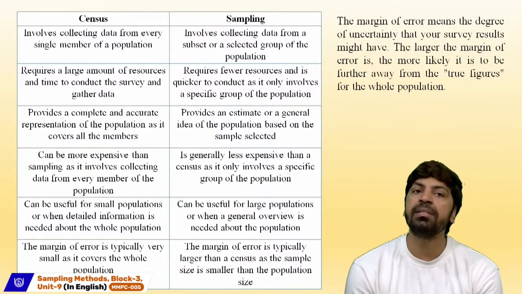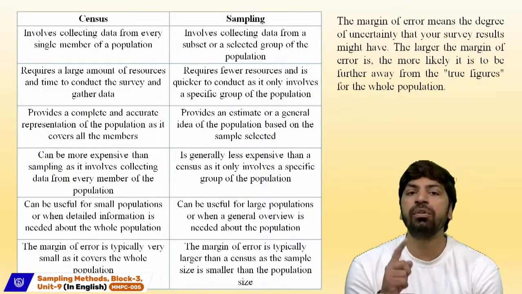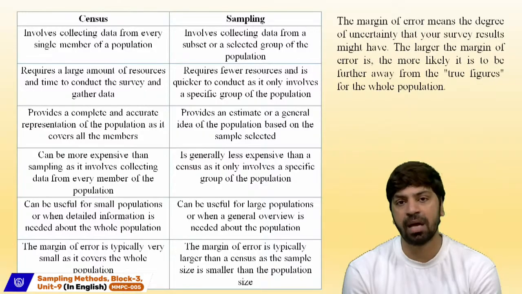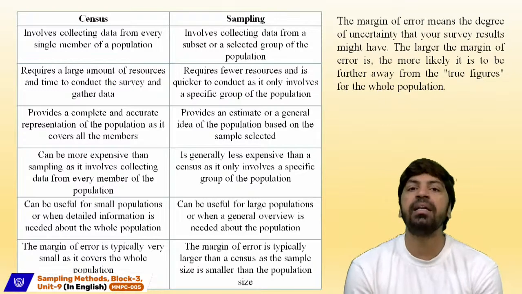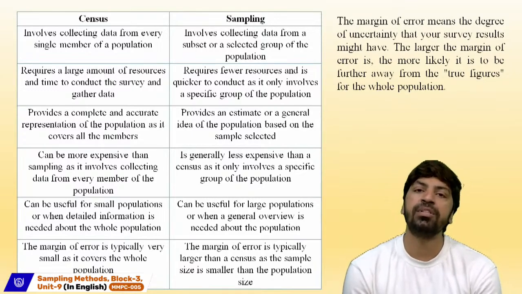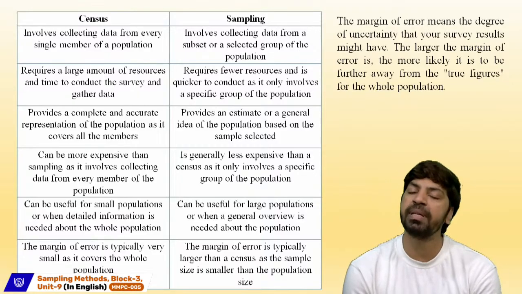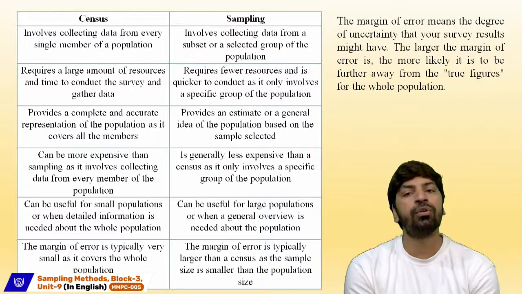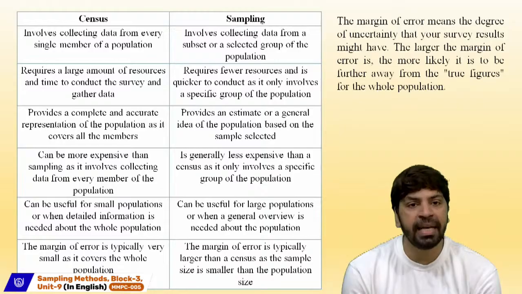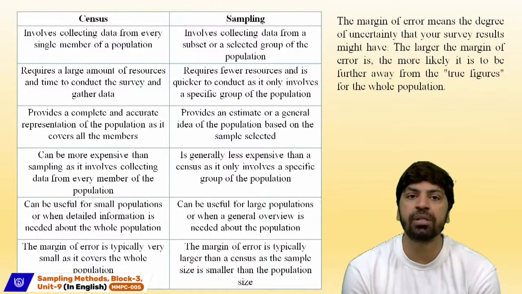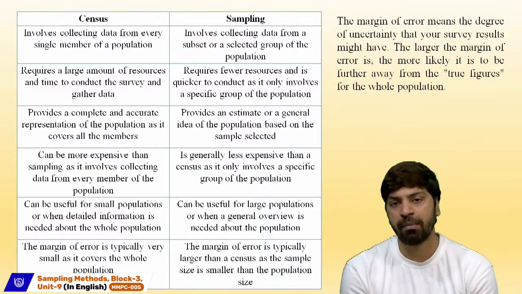Census requires a large amount of resources and time so that a researcher could conduct the survey and collect the data. Sampling requires fewer resources and it's quicker to conduct, as it includes only a selected group from the population. Census provides a complete and accurate representation of the population because it covers all the members of the population.